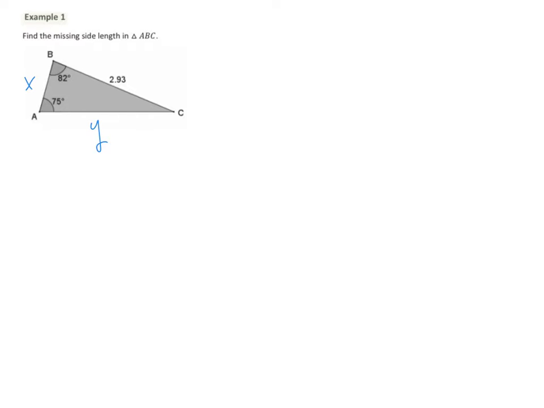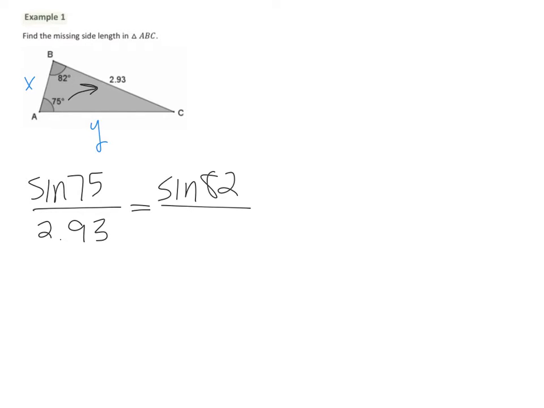So first of all, to find y, I'm going to set up my law of sines, and I'll have sine of 75 over 2.93 equal to sine of 82 over y. Cross multiply.